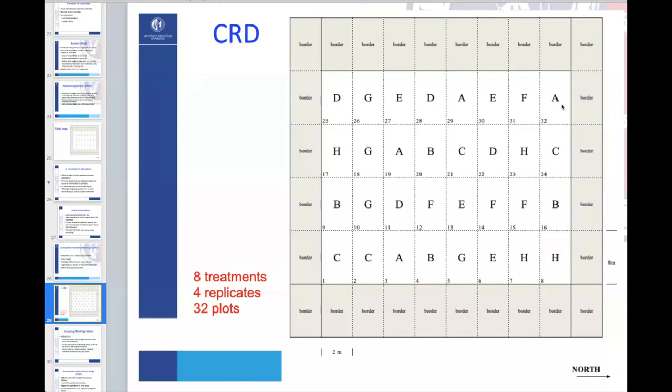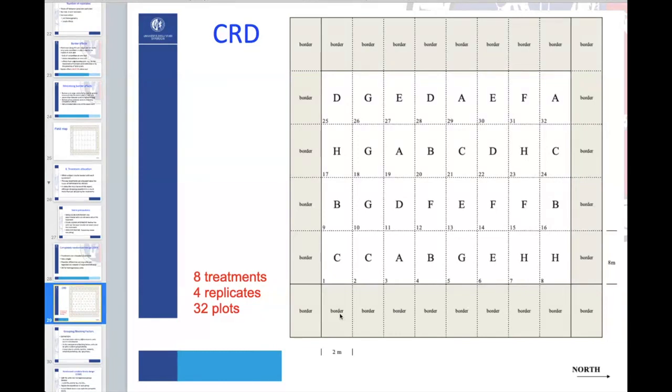For example, just imagine that this first column here is less fertile than the second column, that is less fertile than the third column, and so on. Therefore, let's imagine that there is a fertility gradient from left to right.